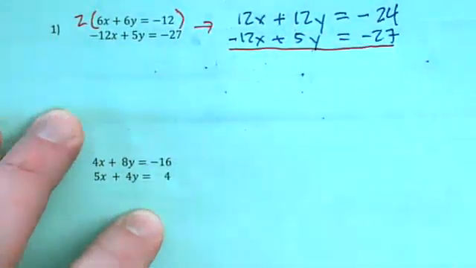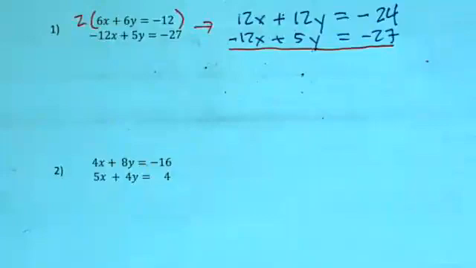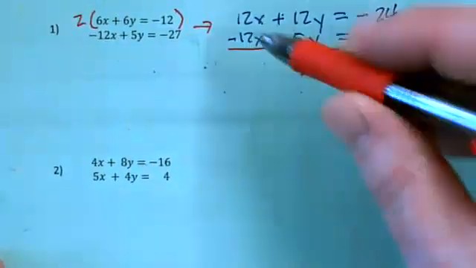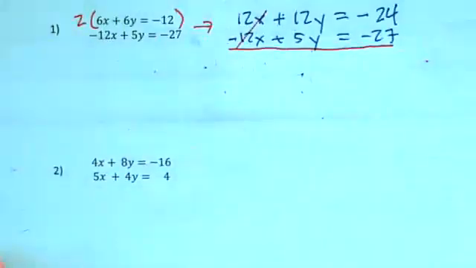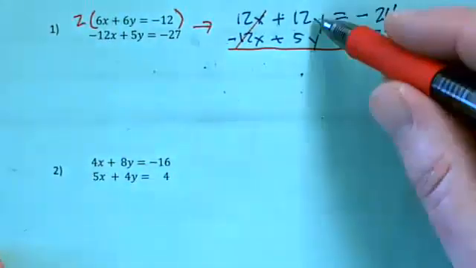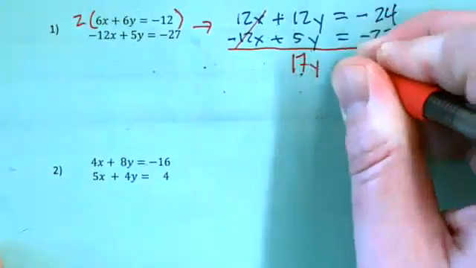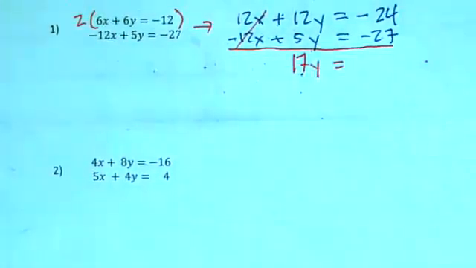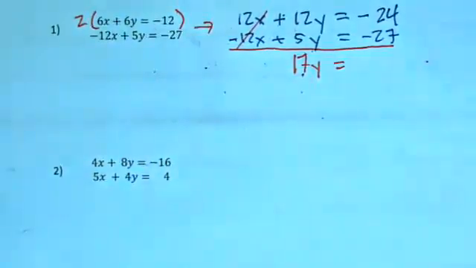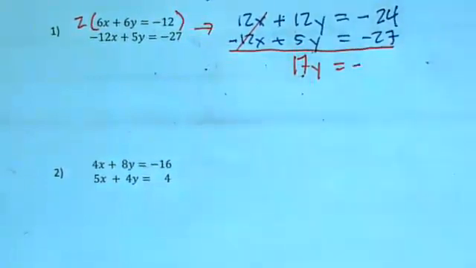So this now becomes just like what we did last class, right? So 12x and negative 12x are going to cancel. 12y plus 5y is 17y. And negative 24 and negative 27 is going to be negative, I want to say 51.